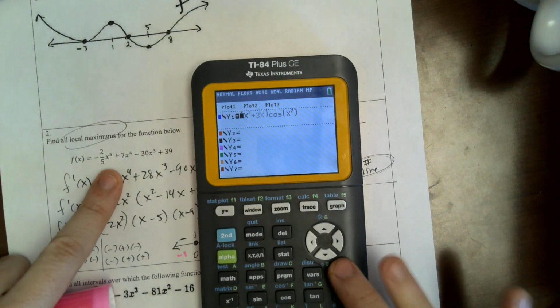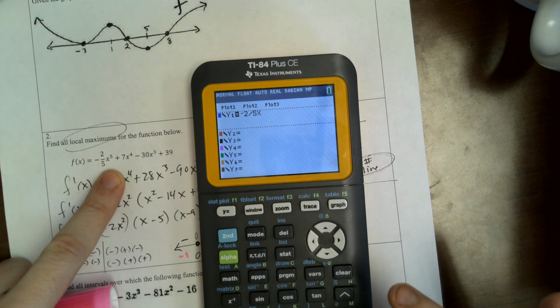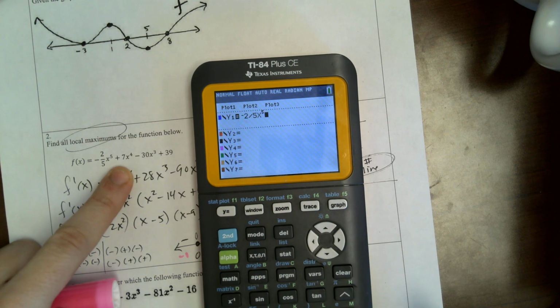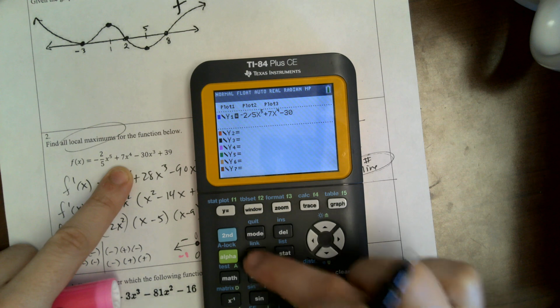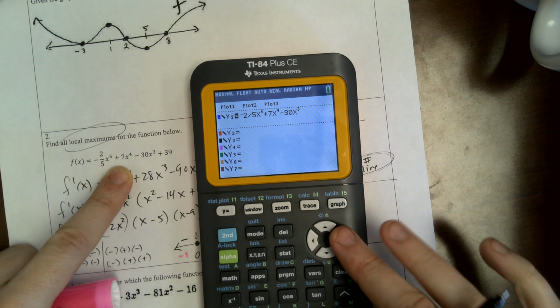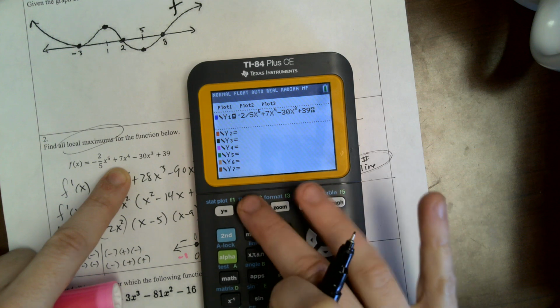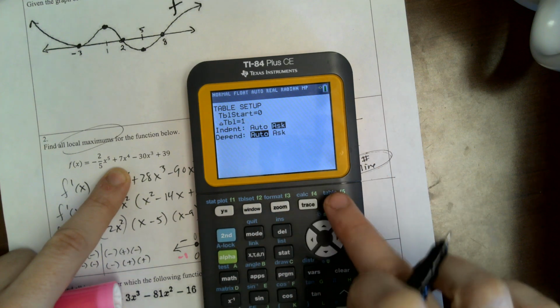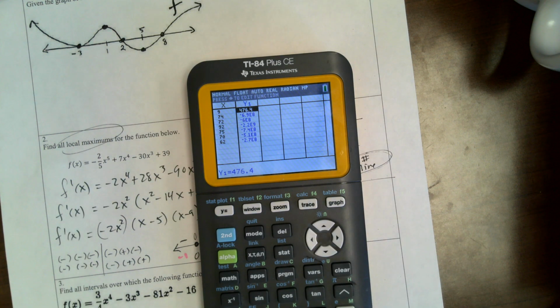So I'm going to go to y equals negative 2/5 x to the 5th. Then table set is on ask, so I go to the table and just hit 9. If I hover over it, you would see the whole decimal. So 476.4.